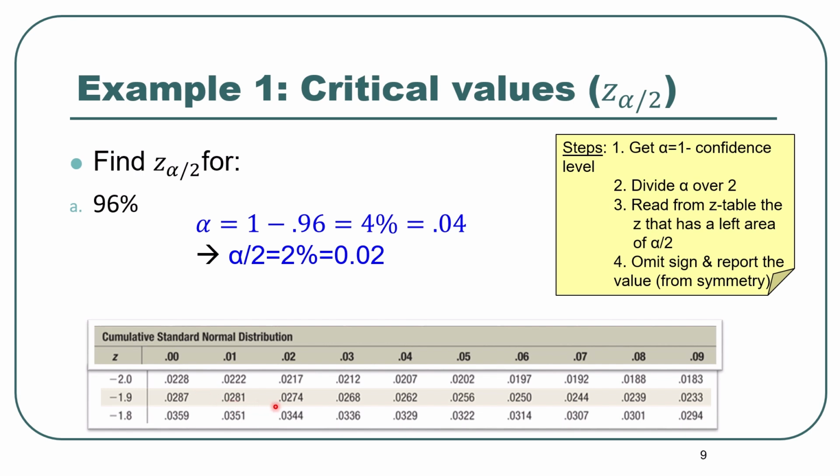So 2%. I don't have exactly 2% here, I have 0.02. This is the closest value to my 2%, so I'm going to report minus 2.05, but again I'm going to omit the minus, so my z is 2.05.